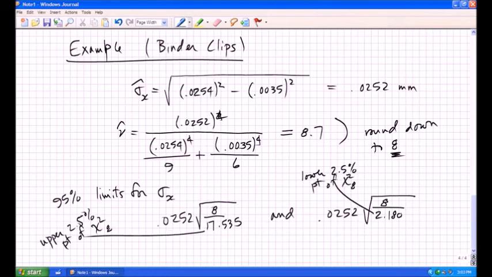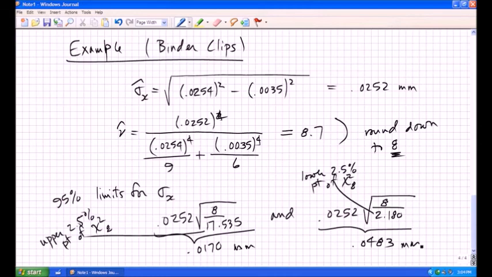When all is said and done, this number is 0.0170 to one more decimal place. This number is 0.0483. Those are both in millimeters.